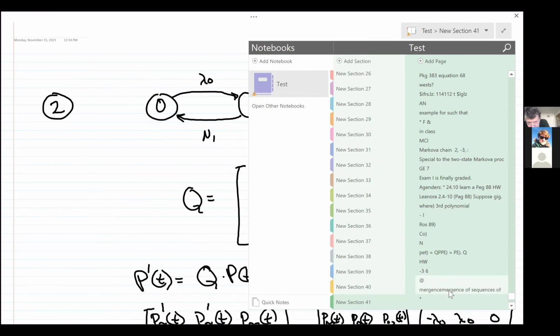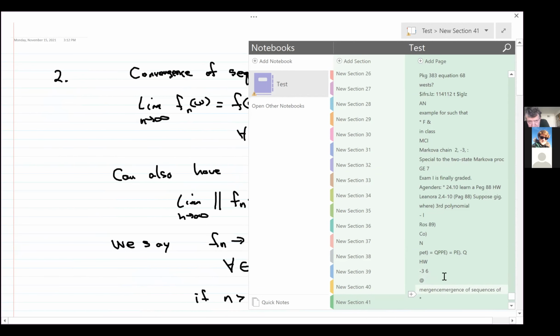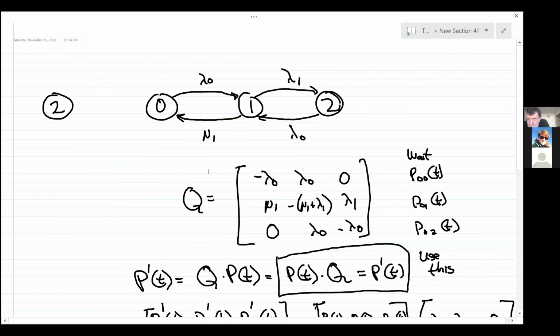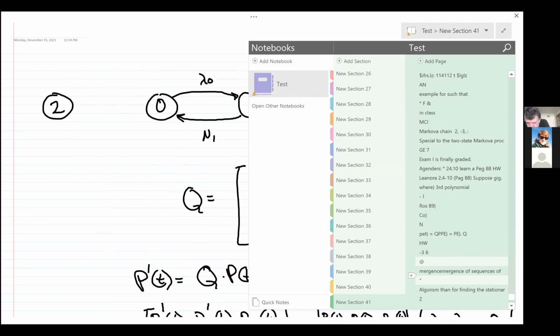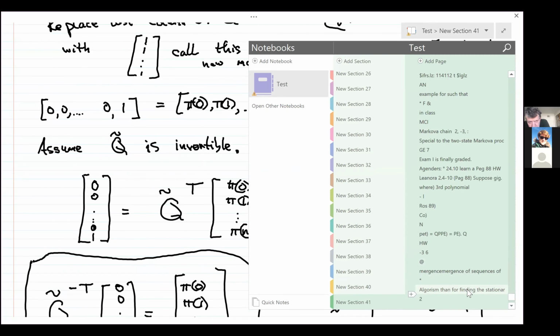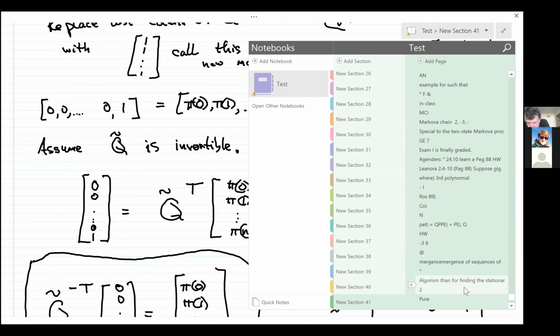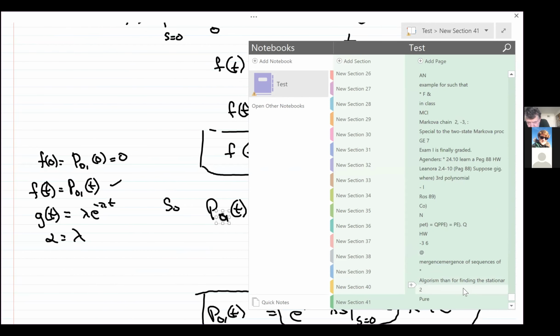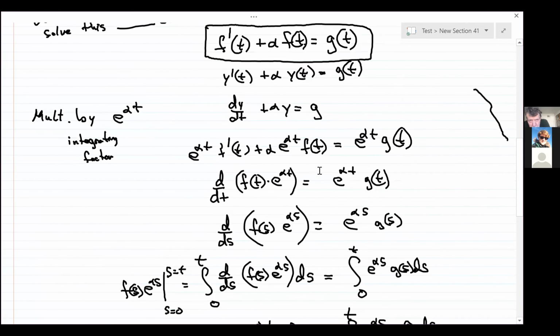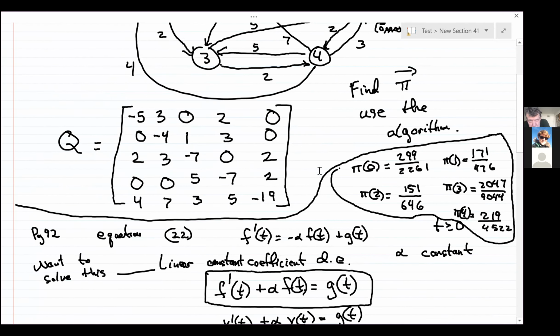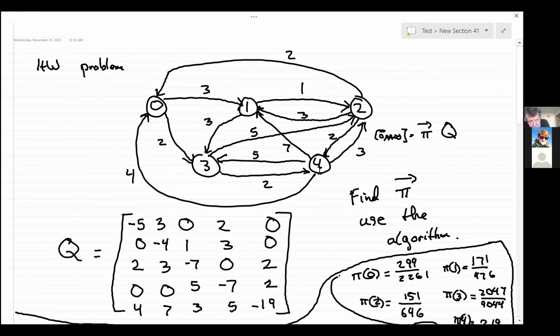Just want to see if we still have it. Nope. Yet. Algorithm, and after the algorithm, I think it's when I did. There it is. Okay, so homework.